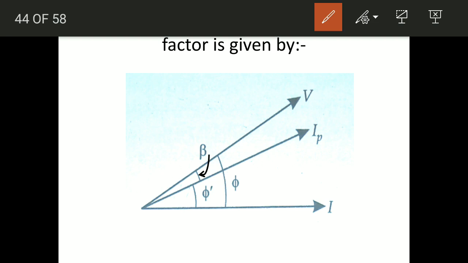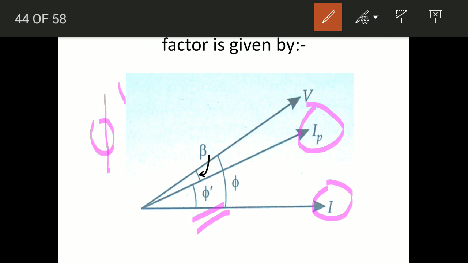Now with respect to this phasor diagram, if you are interested to calculate the phase angle between IP and capital I, it is phi dash, and mathematically phi dash is nothing but phi minus beta. This you should know. That means the angle between current flowing through pressure coil and current flowing through current coil is phi dash, which is phi minus beta.